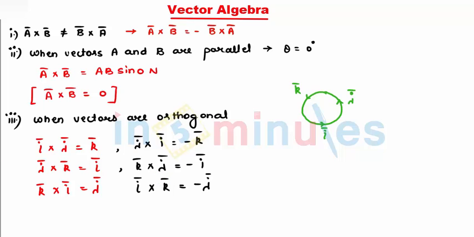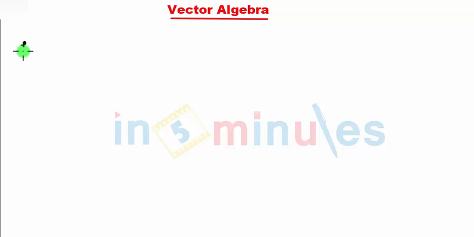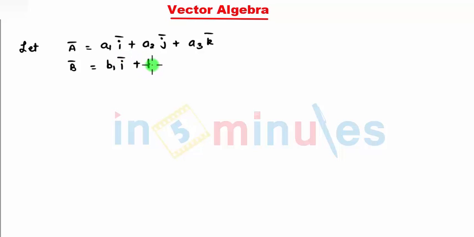Now how to find it basically? For that I need to define my vectors. So let's say I have a vector A bar, that is A1 i plus A2 j plus A3 k, and B bar as B1 i plus B2 j plus B3 k.